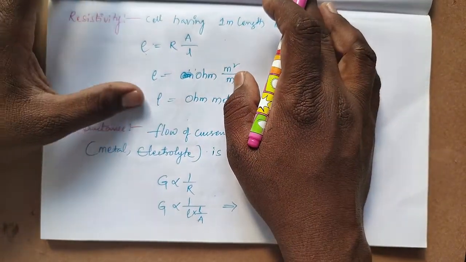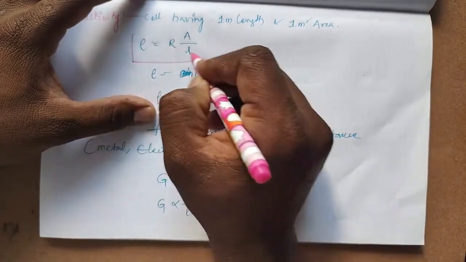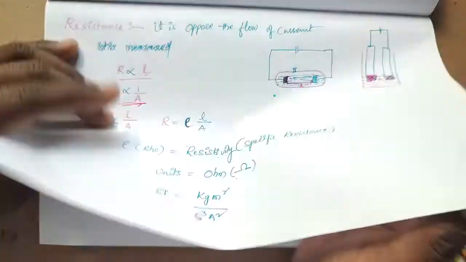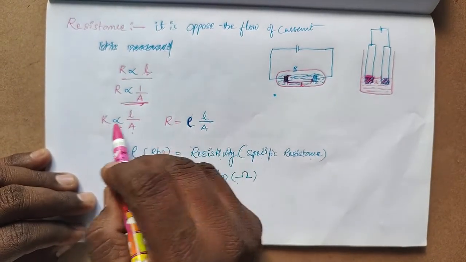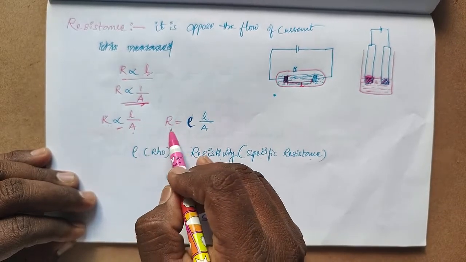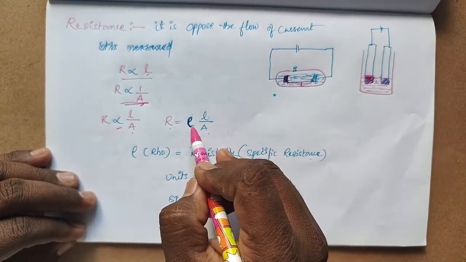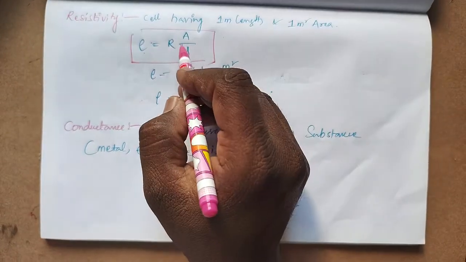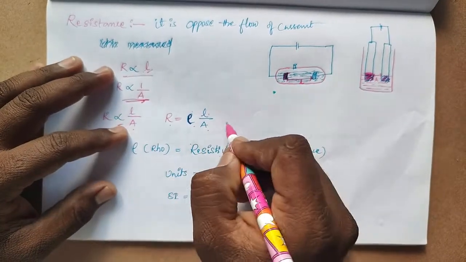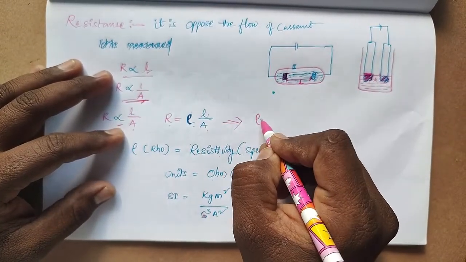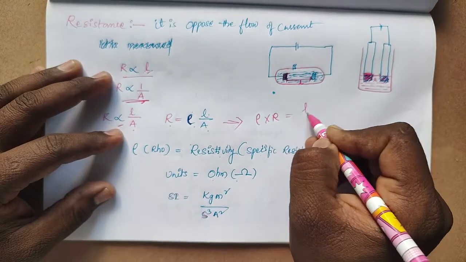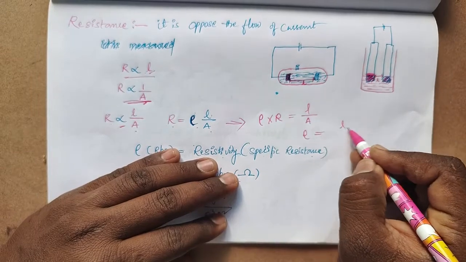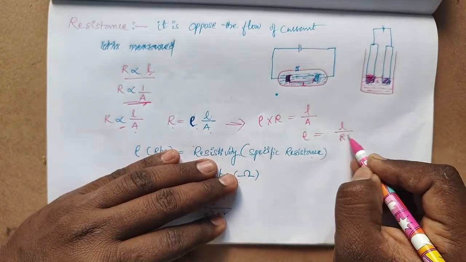So we introduce the formula rho equal to R into A by L. Rearranging this, resistance R equal to rho into L by A.